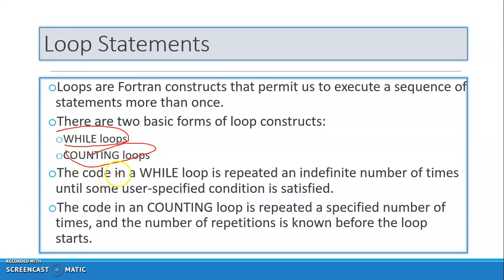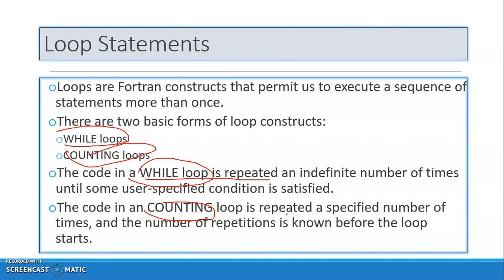With the while loops, the code is repeated an indefinite number of times. So the while loop is an indefinite loop, while the counting loop is a definite loop.